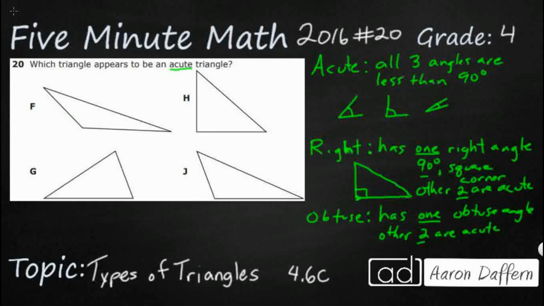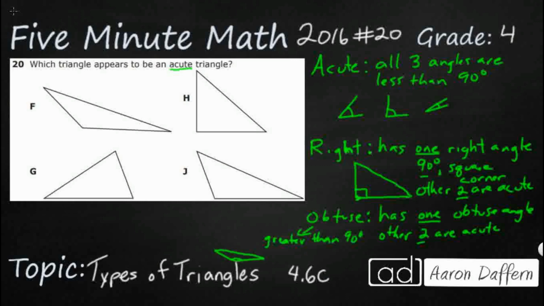So what is that obtuse angle? Well, if the acute is less than 90, this means it is greater than 90. So you notice that everything that we do with triangles revolves around that right angle. Is it greater than 90? It's obtuse. Is it less than 90? It's acute.